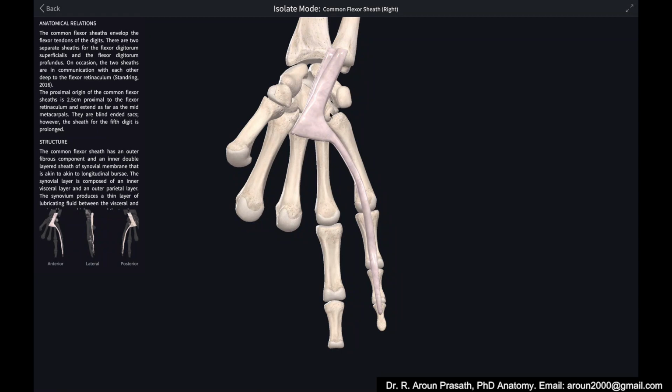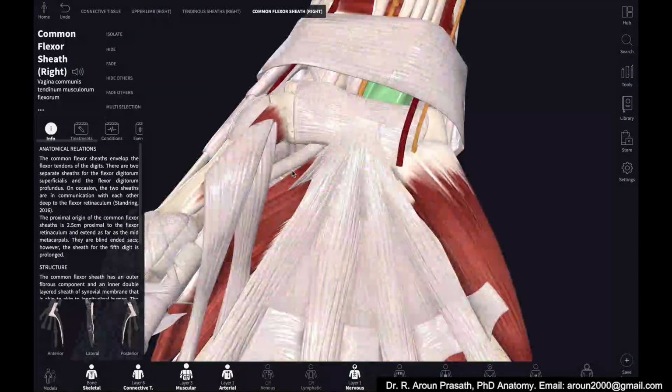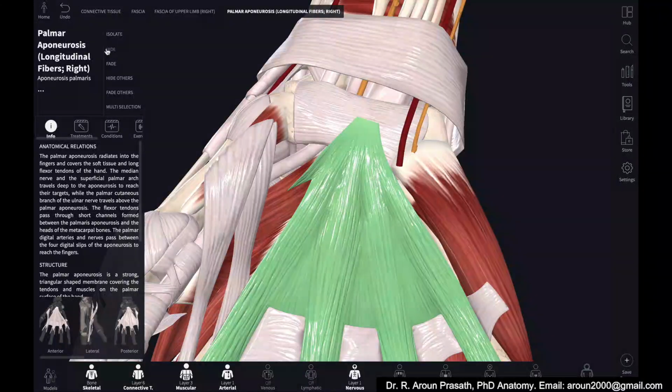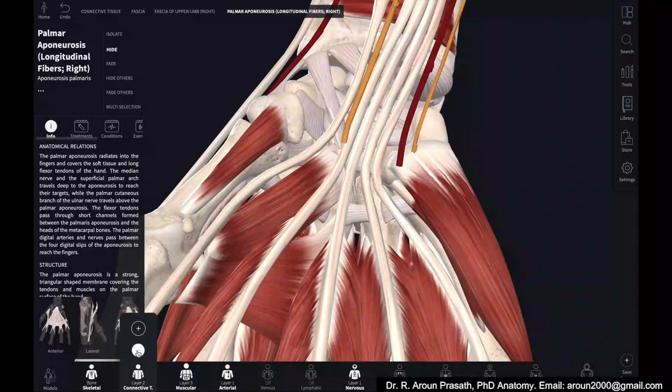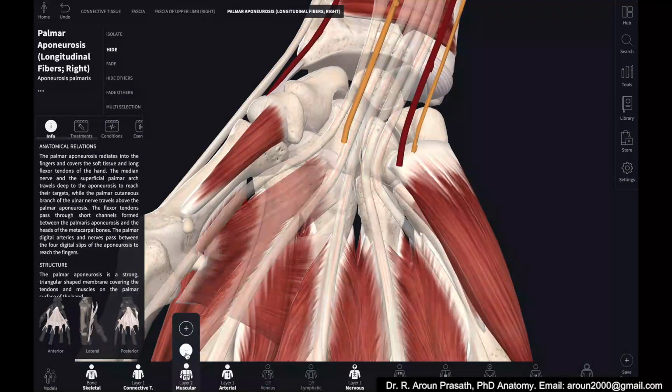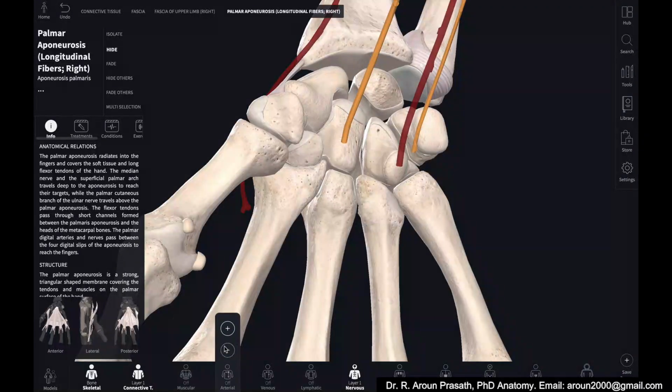This small hook breaks and escapes between the tenosynovium and the palmar aponeurosis. The fragment will be roaming there and causing severe continuous pain, and it is very difficult to find even with radiographic findings. That is the speciality of the hook of the hamate.